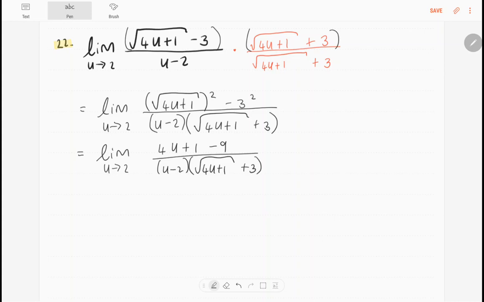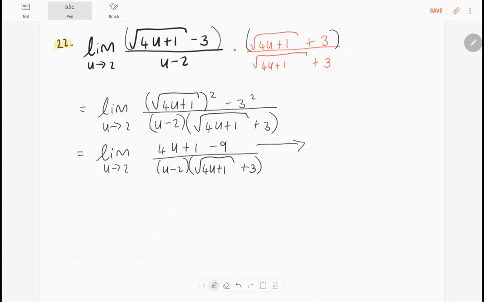So can you now see that in the denominator, we only have one problem basically. We still have that u minus 2, and that's the thing we want to try and get rid of, because the square root of 4u plus 1 plus 3, if we plug in the u there, we don't have a problem because we don't get 0. So let's look at the numerator.